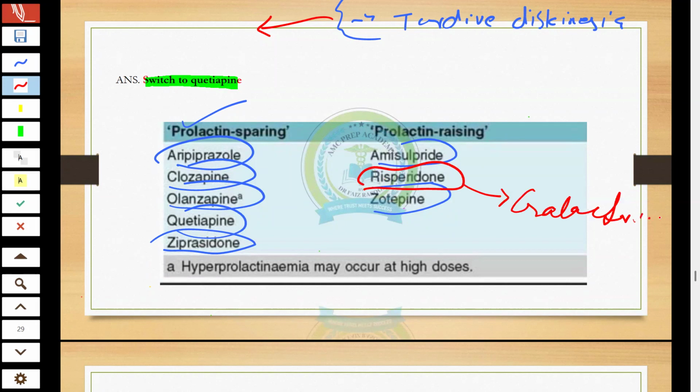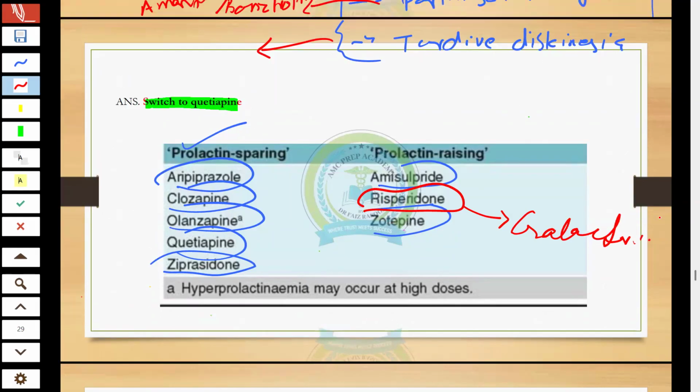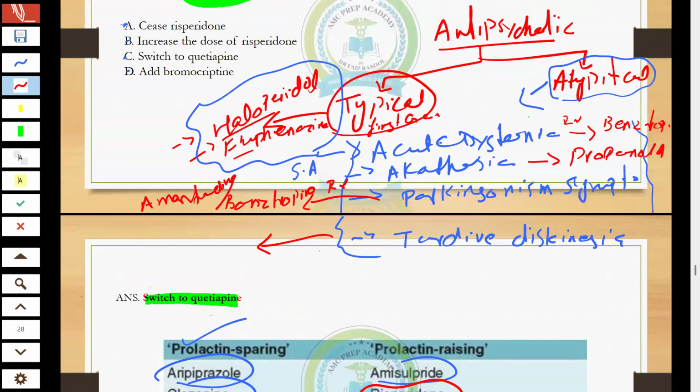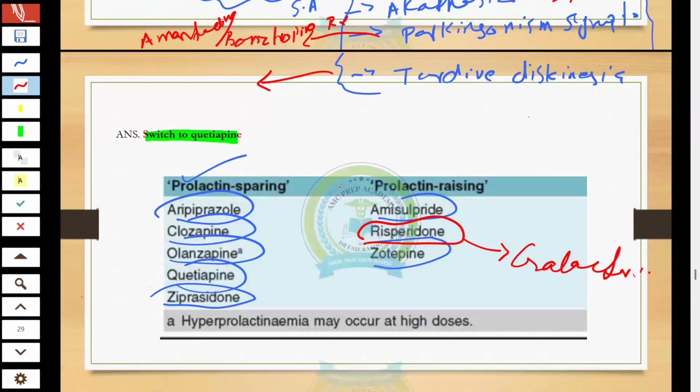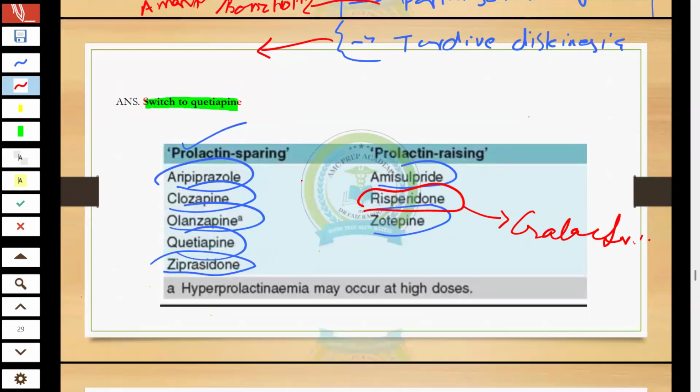The next step is always to taper off the drug and then change to another class. So we have to shift the patient to quetiapine, which is prolactin sparing and has less adverse effect of prolactin. These other drugs are prolactin producing.